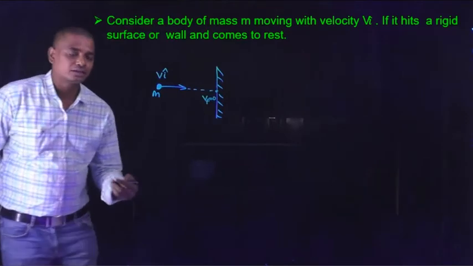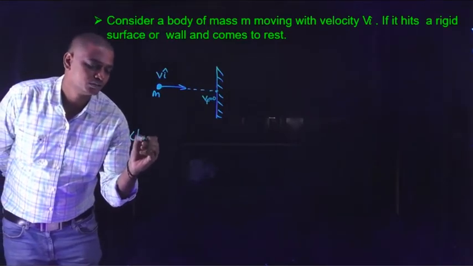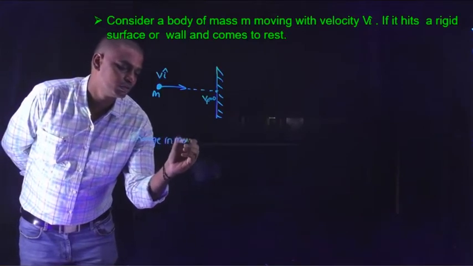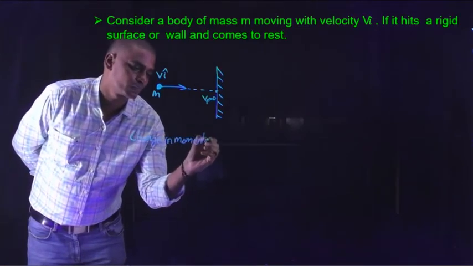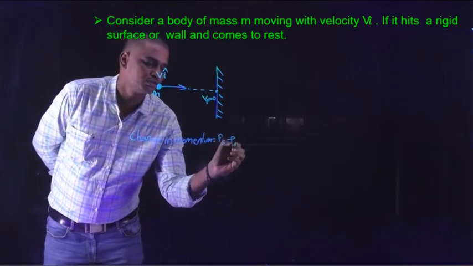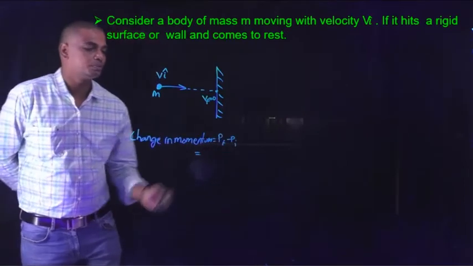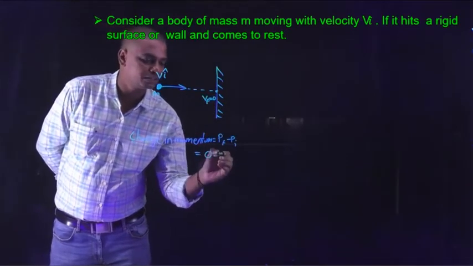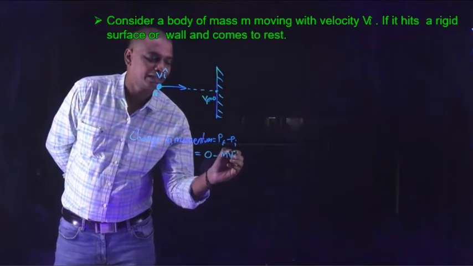Then we need to calculate the change in momentum of the body. Change in momentum is equal to P final minus P initial. As v final is 0, that is 0 minus P initial, meaning m into v i cap.